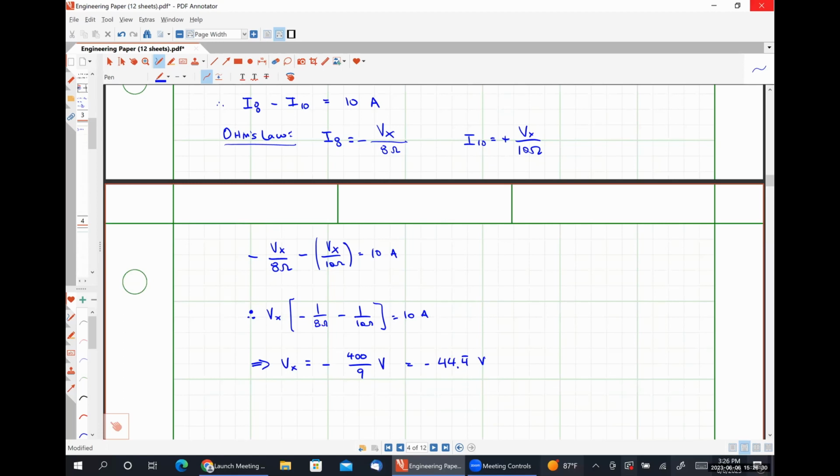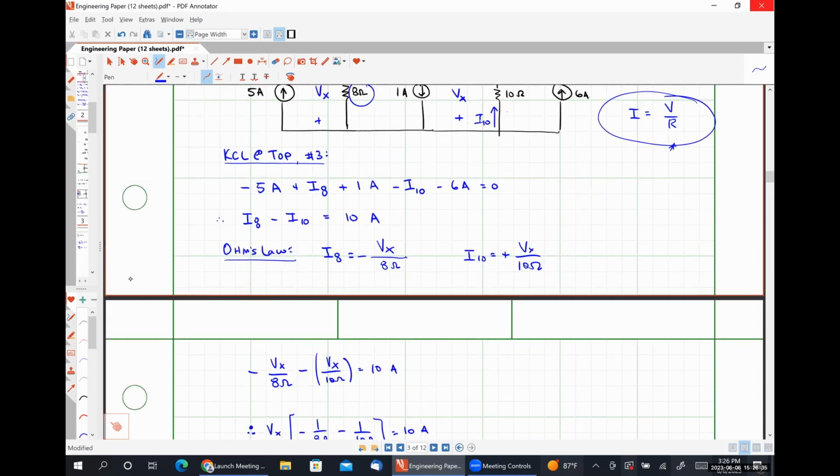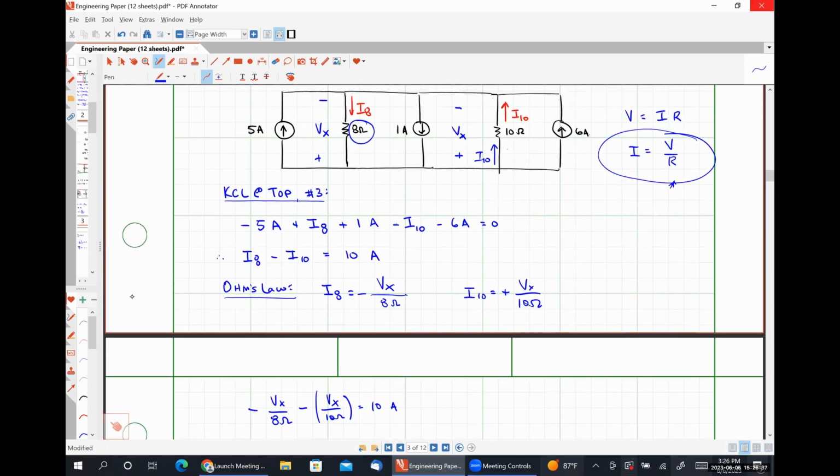So in this example problem, we applied Kirchhoff's current law at the top node using formulation number 3. I intentionally chose different directions for my resistor currents to force us to think about what sign our Ohm's law representation needs to have.